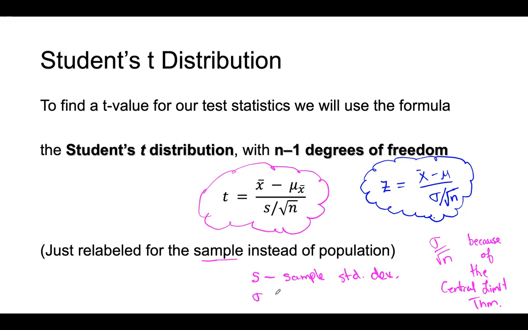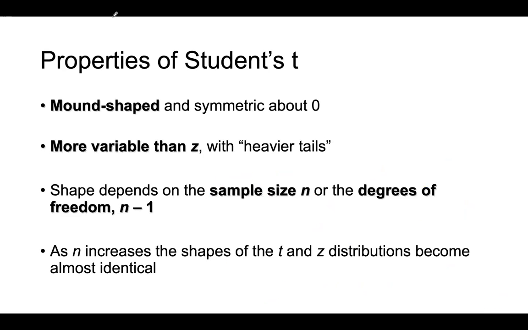And sigma here is for the population standard deviation. So it's almost the same thing.